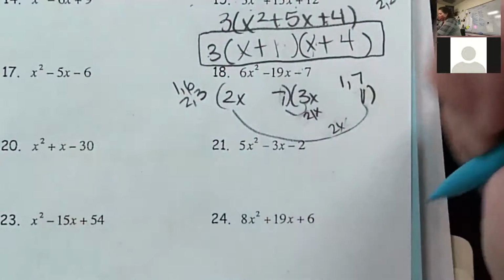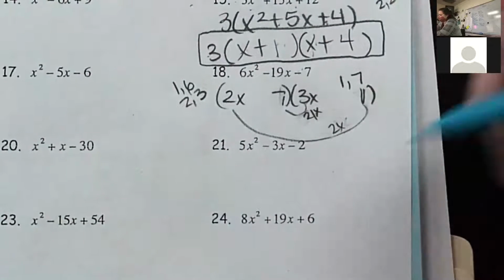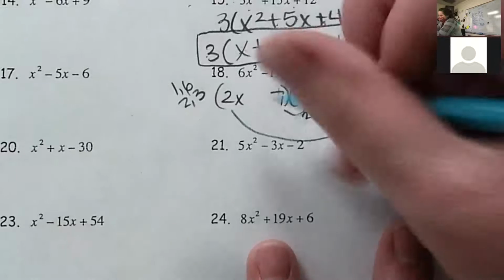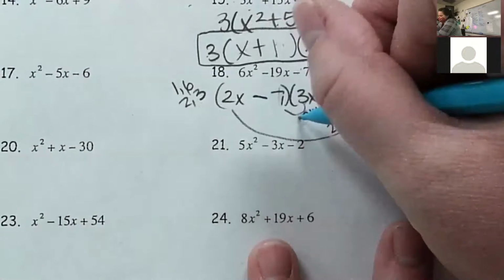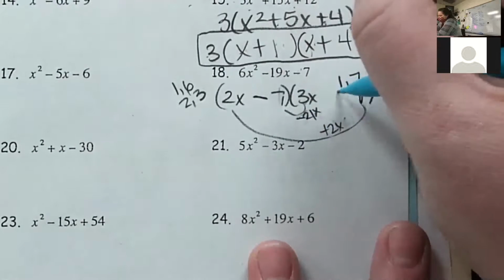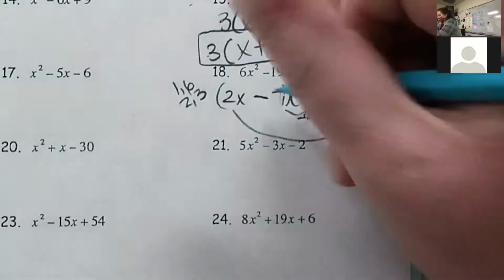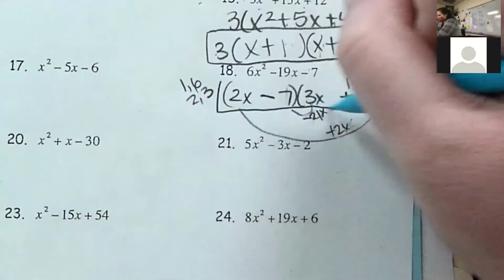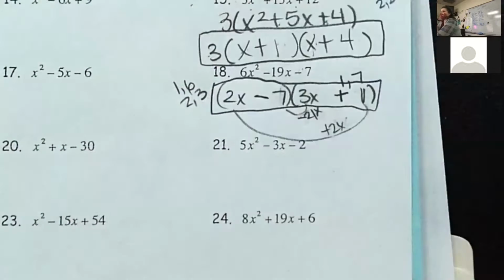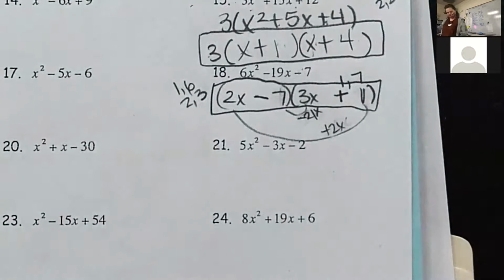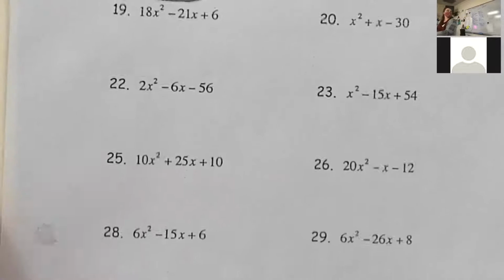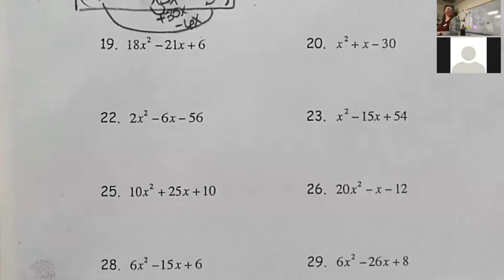Does that subtract to get you 19? Yeah. Which one needs to be negative? The 7, because that needs to be a negative 21 and a positive 2. Good job.